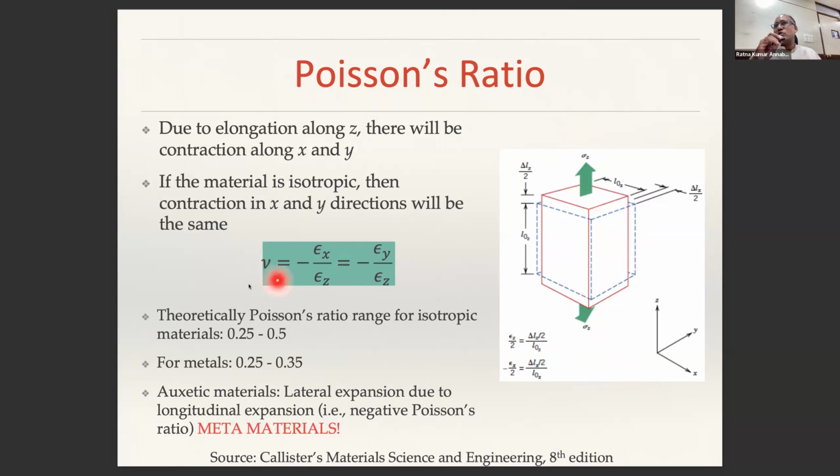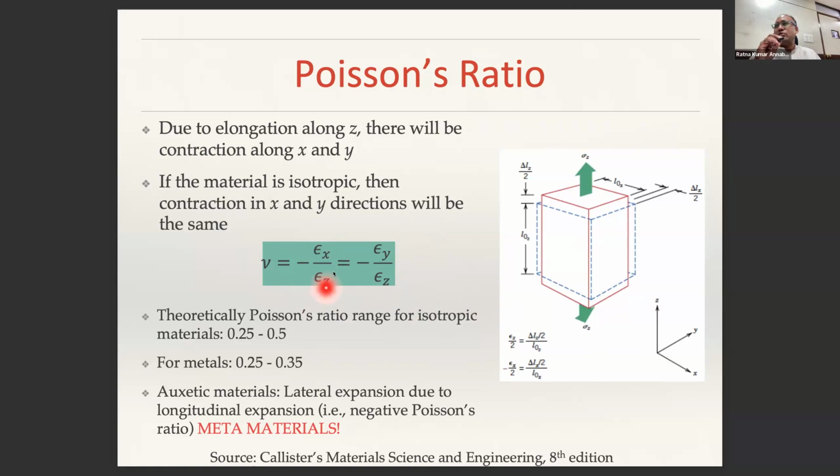So now Poisson's ratio is defined as the negative of lateral strain divided by the longitudinal strain. Because it is an isotropic material, epsilon x and epsilon y will be the same for a given epsilon z. Right? So Poisson's ratio is equal to negative of epsilon x by epsilon z. We know if epsilon z is positive, then epsilon x will be negative.